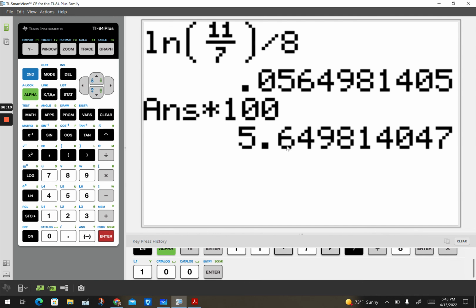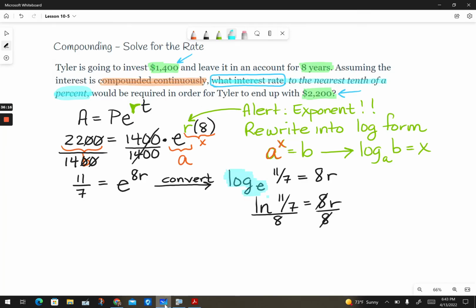Now you may be asking, wait, this log E piece, when you rewrote it as ln, it kind of confuses me. It's just notation. If you're thinking, I don't think I'll remember that log E means natural log, I want to show you how the answer still stays the same.